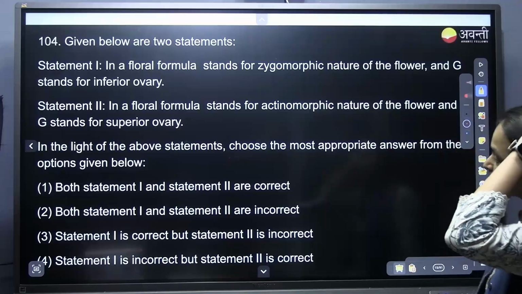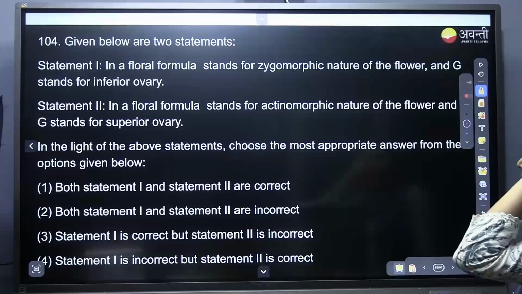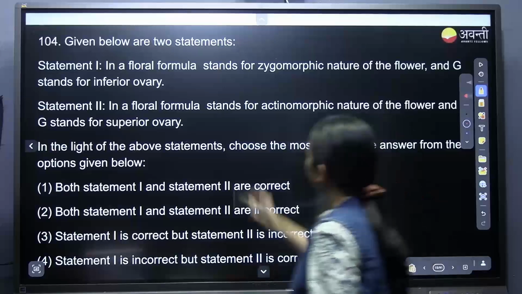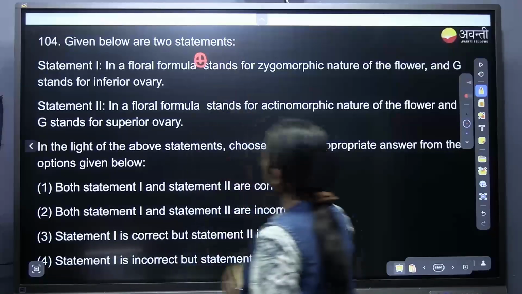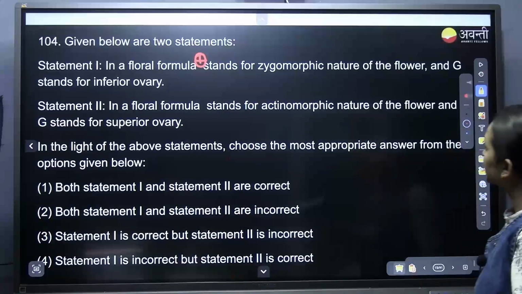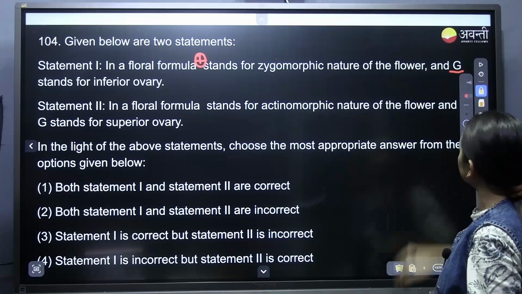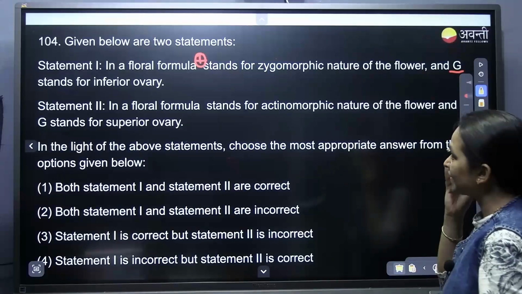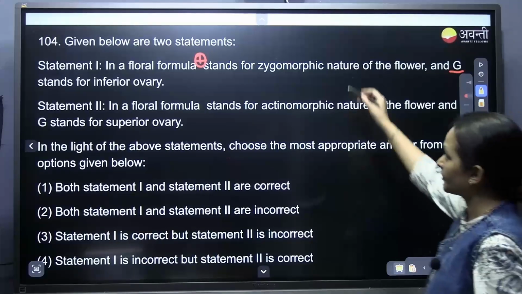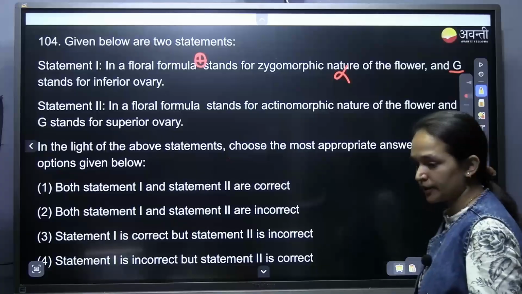Given below are two statements. Statement 1, in a floral formula, this sign stands for zygomorphic nature of the flower, and G stands for the inferior ovary. It is wrong.